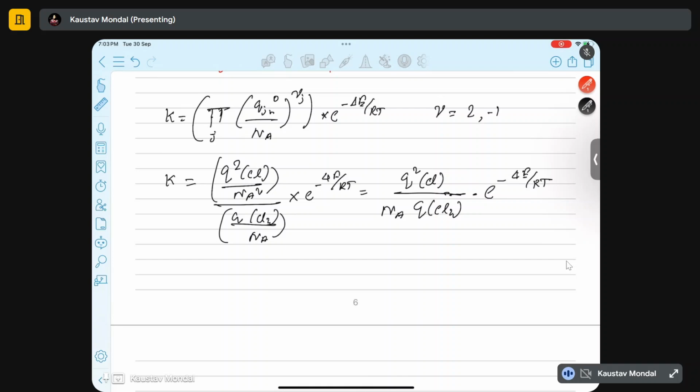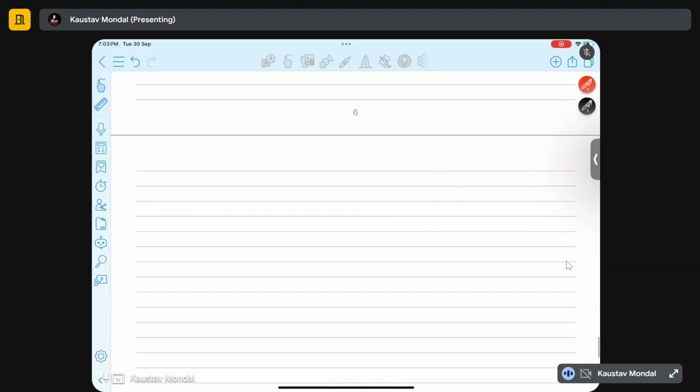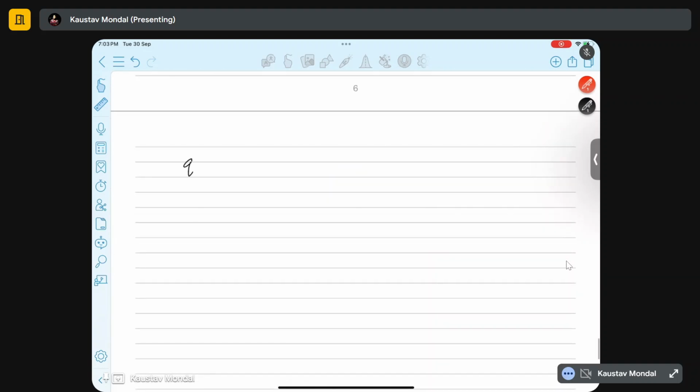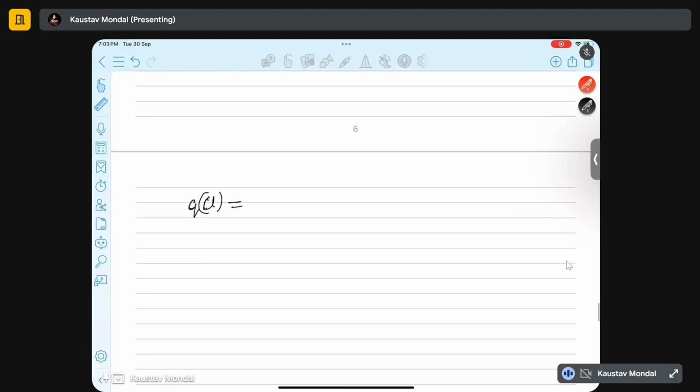Now from here, what you can do is write QCl. It has only one contribution. Since it's just an atom, it only has a translational partition function contribution.